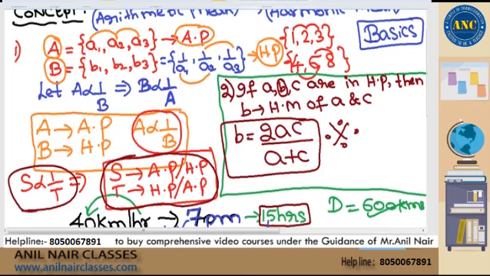Second important key point is, if A, B, C are in harmonic progression, middle value B is called harmonic mean of A and C, and it is given by 2AC by A plus C. I hope everyone is clear with the logic. This is the concept, sir. We have still not started solving any problems. We will solve the problems very, very soon. I hope it is clear.